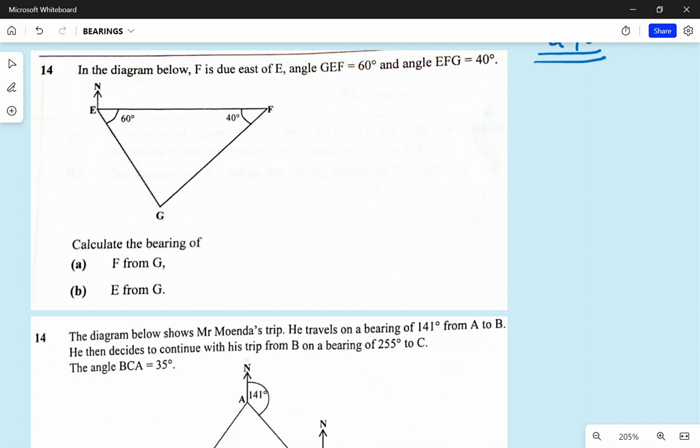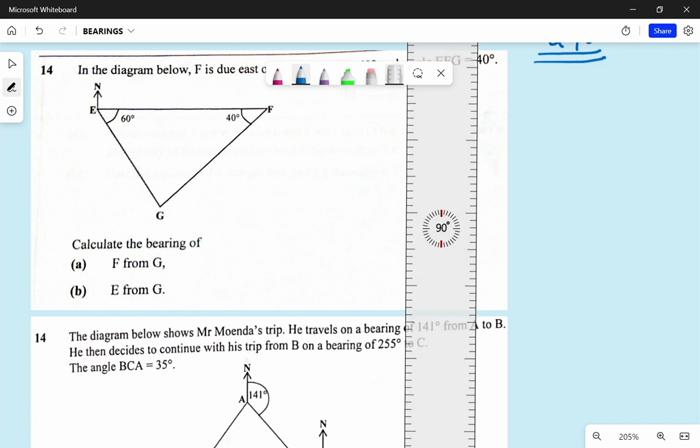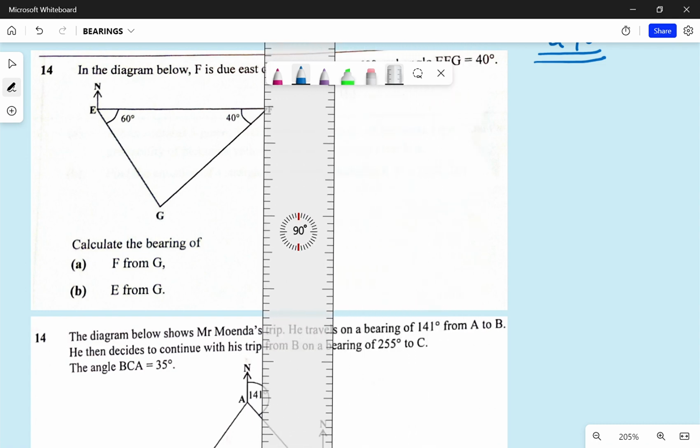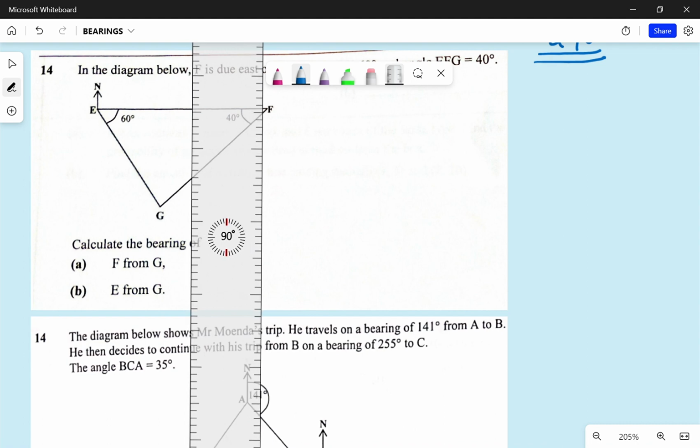So let's just create the norths in advance. Okay, so let's get our beautiful ruler there and create these norths in advance. Okay, so I can have my north line there and just do it from this side.